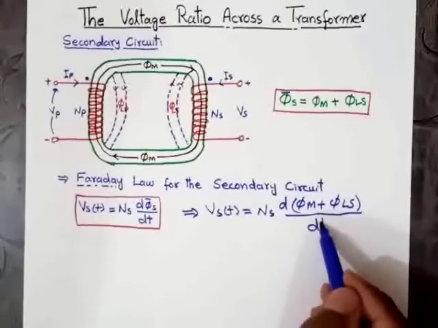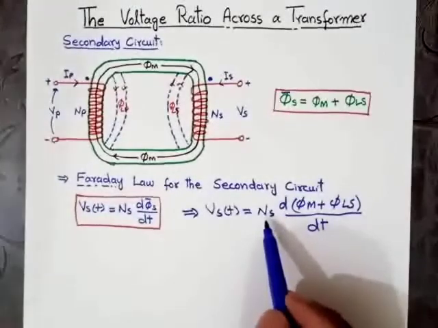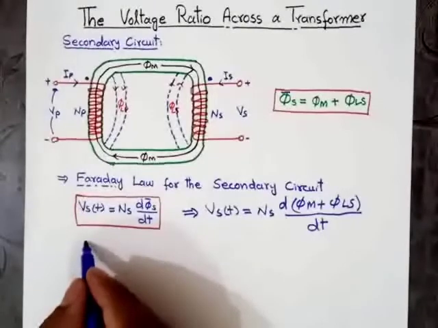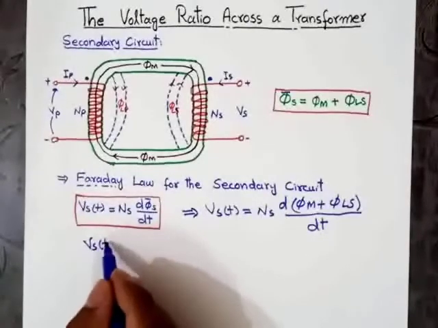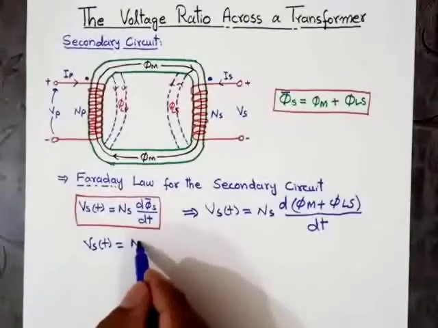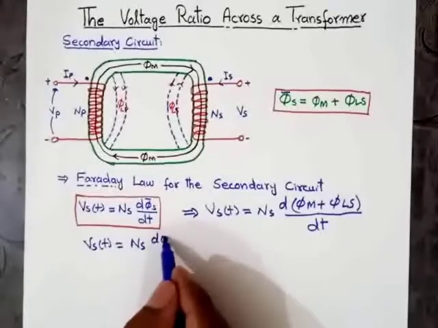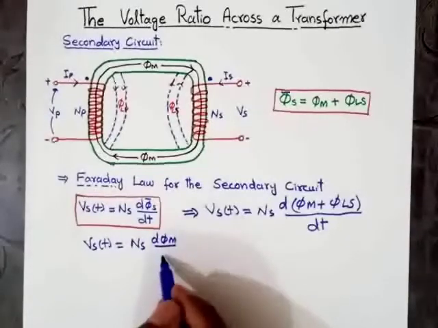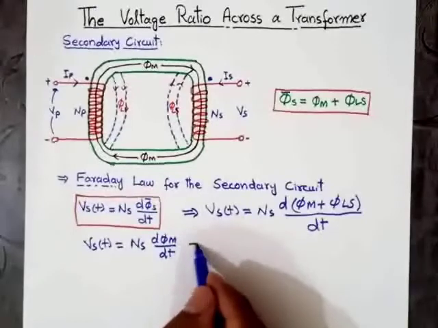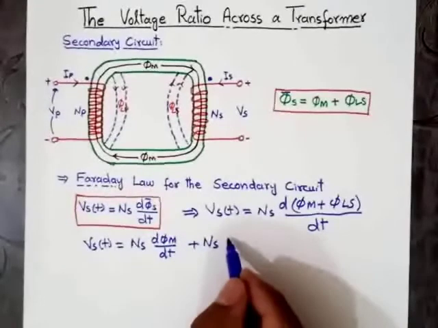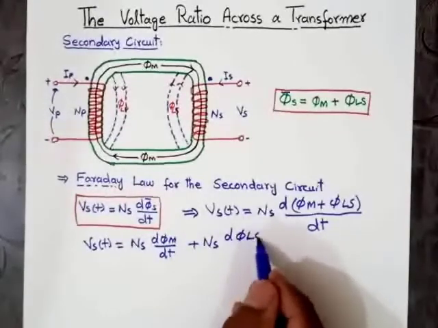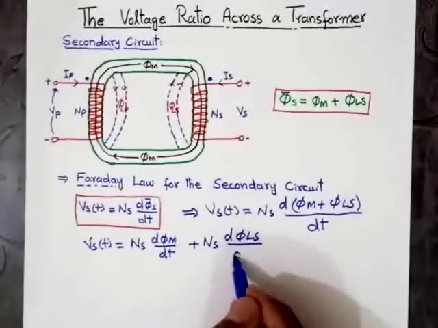After the multiplication with Ns, we get Vst = Ns dφm/dt + Ns dφls/dt.